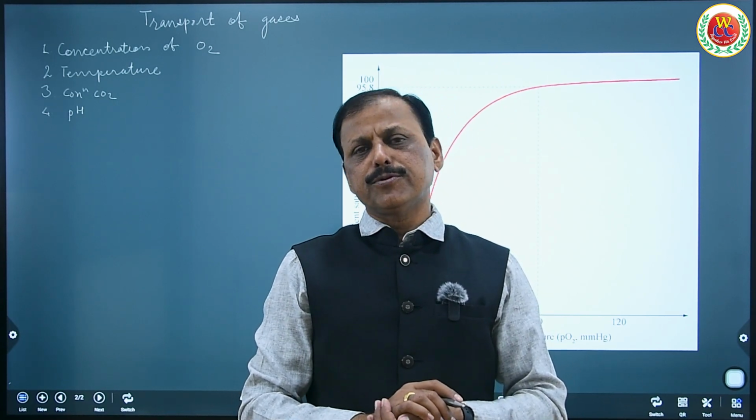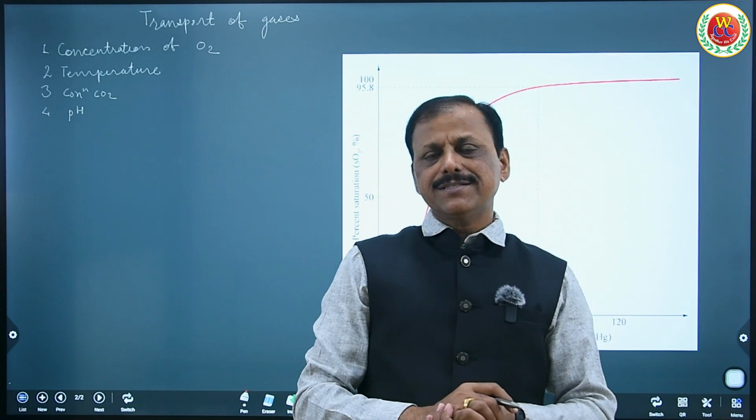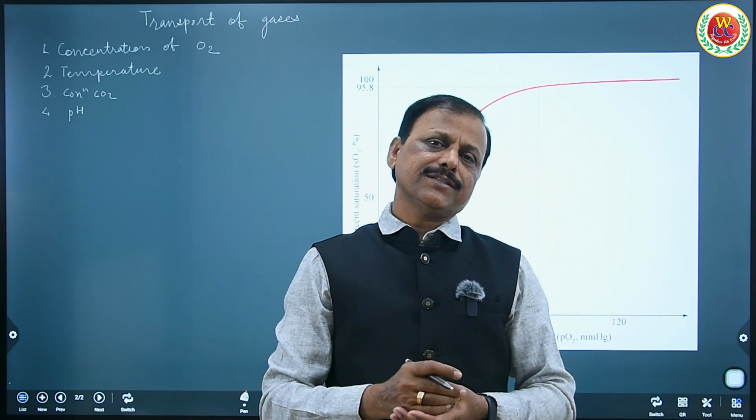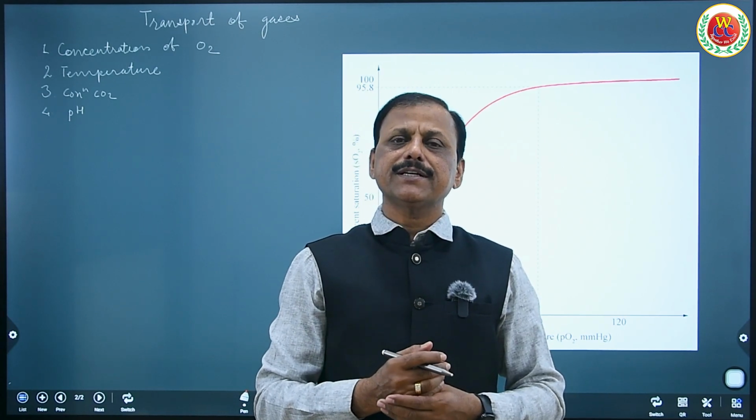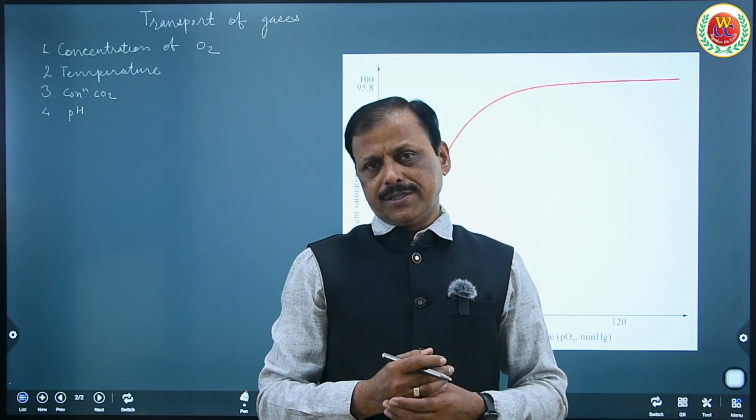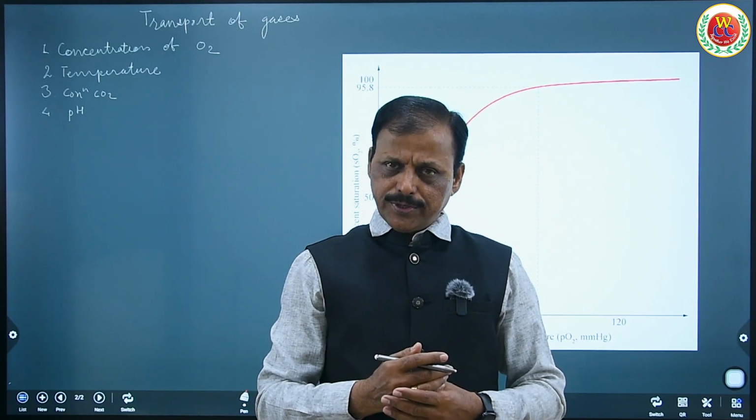Oxygen gets associated with hemoglobin at the site of lungs and gets dissociated from oxyhemoglobin. That oxygen gets separated at the site of tissue. The conditions present at these two ends are different.